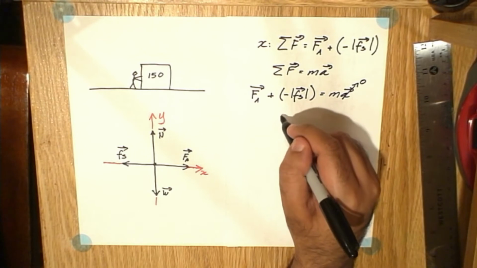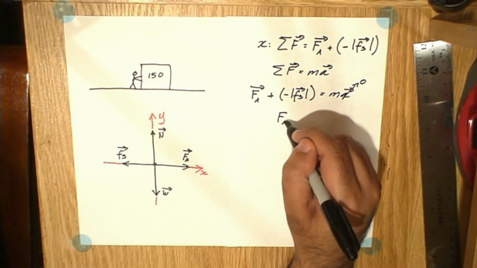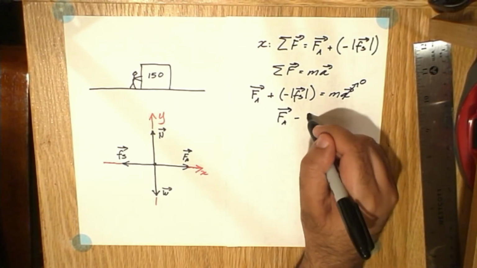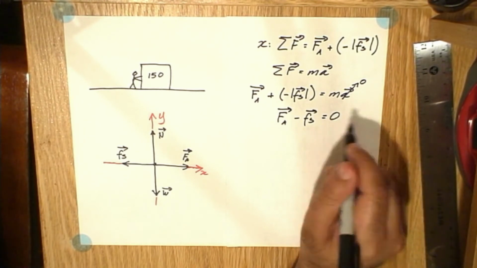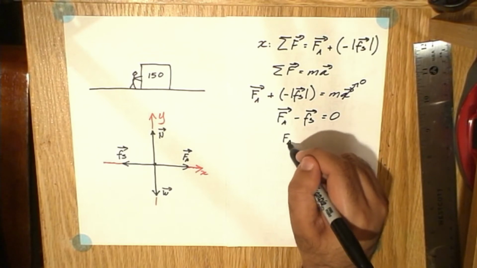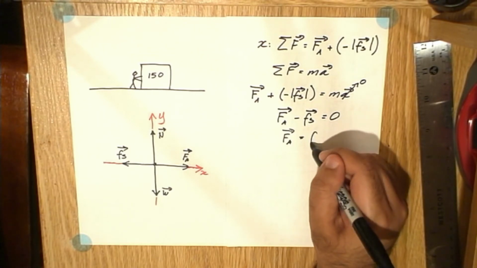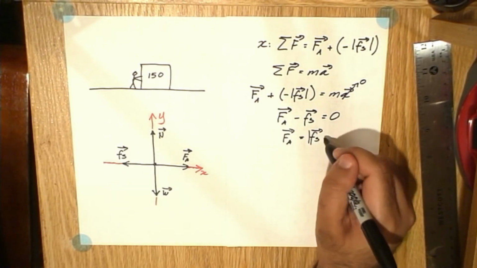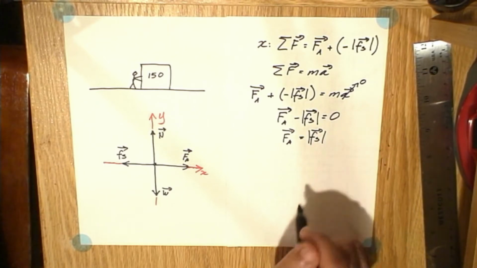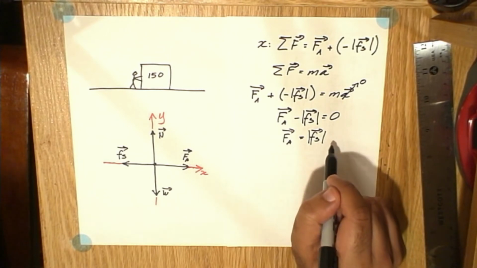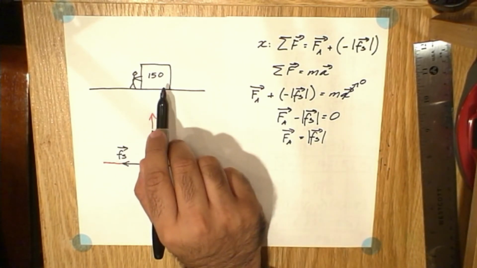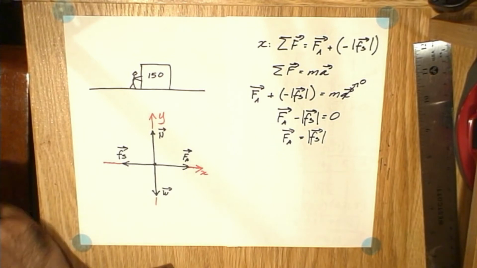So simplifying all of this, we would end up with an applied force minus the force of static friction equal to 0, which we can also write like this. The applied force is equal to the force of static friction. So now we just need to find out what is that threshold value of static friction at which acceleration just starts to exceed 0.